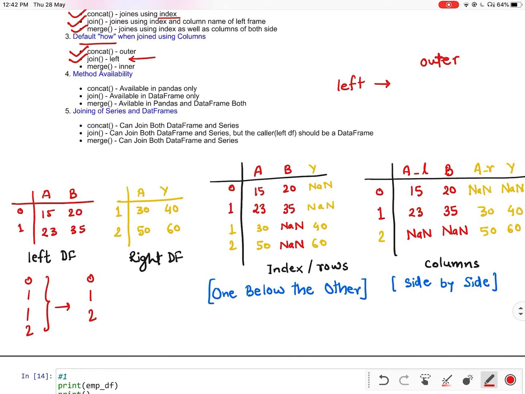Left means all the data from the left side and only matching data from the right side. So all the data, that is 0, 1, has come, and only matching data from the right side. So 1 has already come. So the default way of joining using the join function is left.